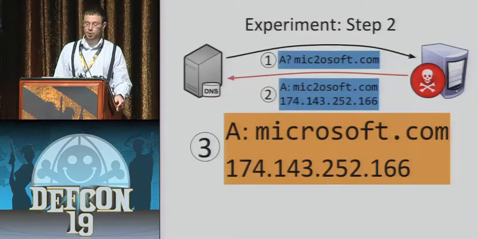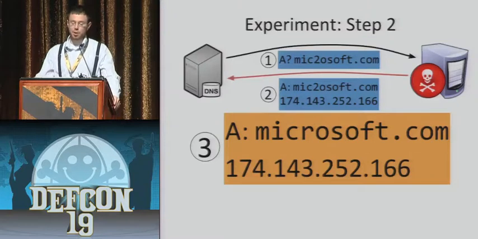Therefore, we will also send it back a second reply for the original domain we expected it to be. The reason we do this is because if it's expecting a reply for Microsoft.com, it will discard the reply for mic20soft.com, but silently accept the Microsoft one. If it did indeed query mic20soft.com, it'll accept that reply, but discard the Microsoft reply.